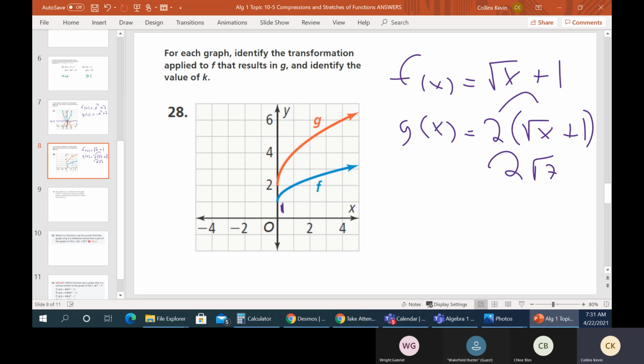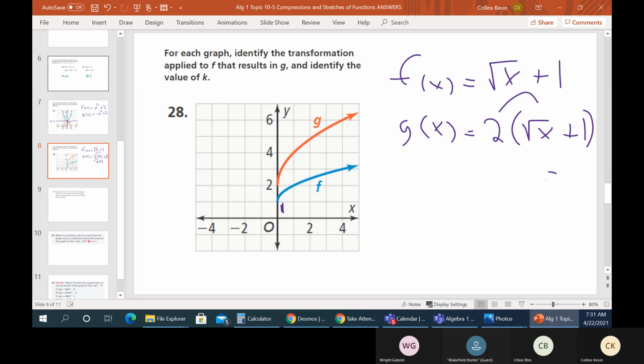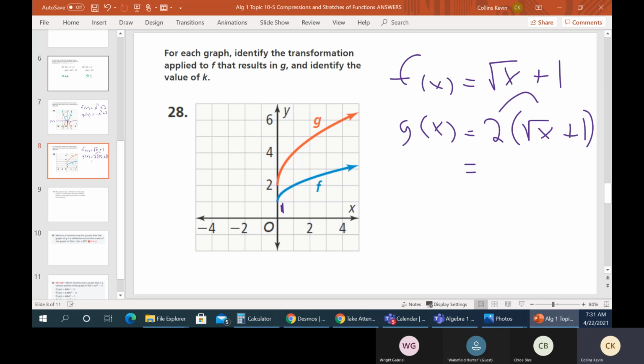Oops. I don't know what happened there. Hang on. That 2 is kind of too big as well. All right, let's try it again. So that's going to give us 2 square root of x. And then if you multiply this guy, then you get plus 2. So g of x is going up twice as fast.